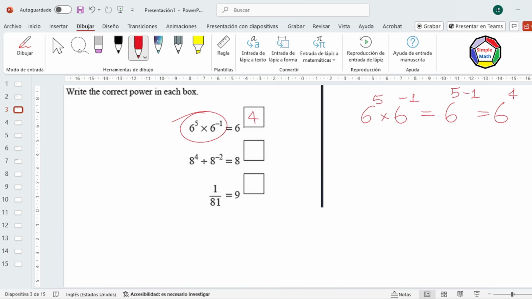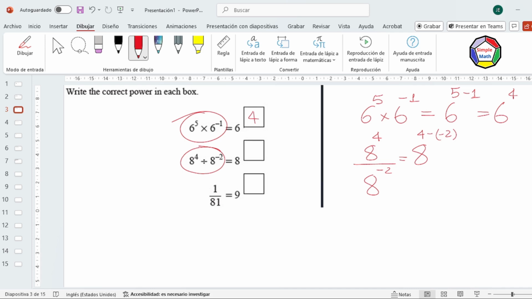So let's solve the next one. It says 8 to the power of 4 divided by 8 to the power of negative 2. If you remember, we need to subtract the exponents. So this is the same as 8 to the power of 4 minus negative 2. Why?